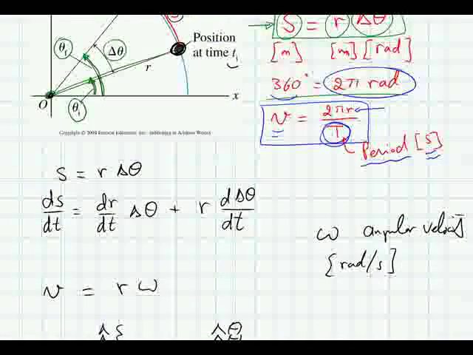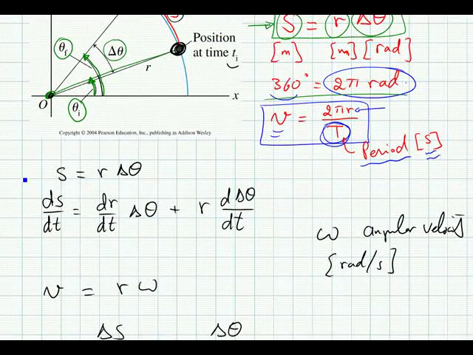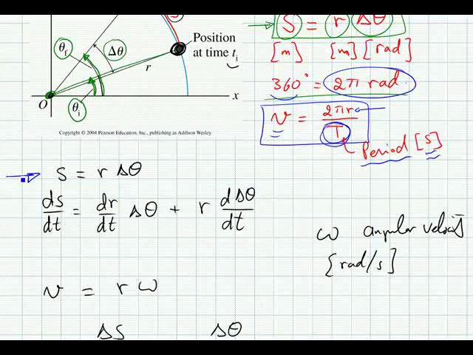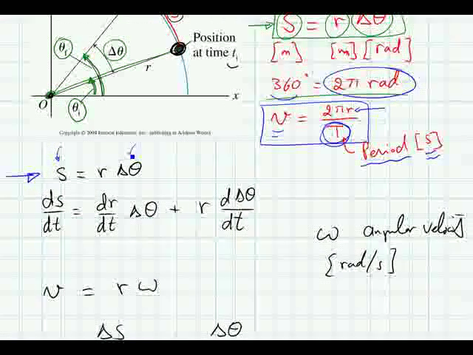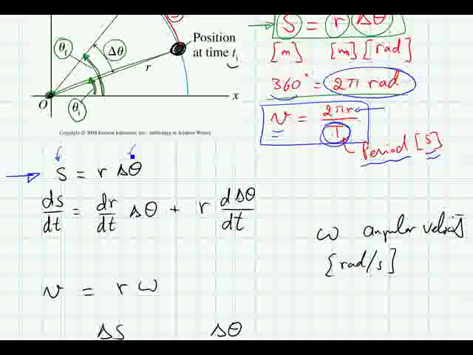Now let us go ahead and write our expression for the linear displacement in terms of angular displacement, linear displacement being the arc length s, and angular displacement, of course, being delta theta. As we saw, the relationship is s is equal to r delta theta.